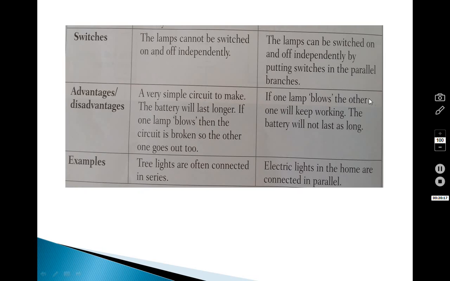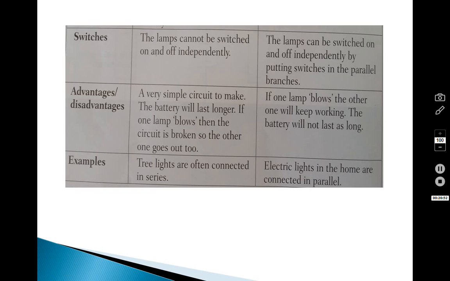If one lamp blows, what will happen to the other one? It will keep working. It is not affected by the first one, so the battery will not last as long. Examples: Christmas lights are often connected in series. In parallel, electric lights in the home are connected in parallel. So this is one example of series connection, and this is another example of parallel connection.